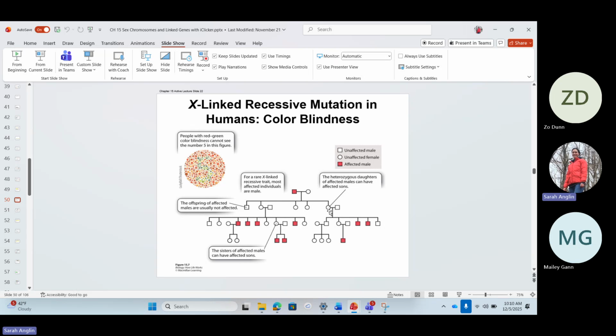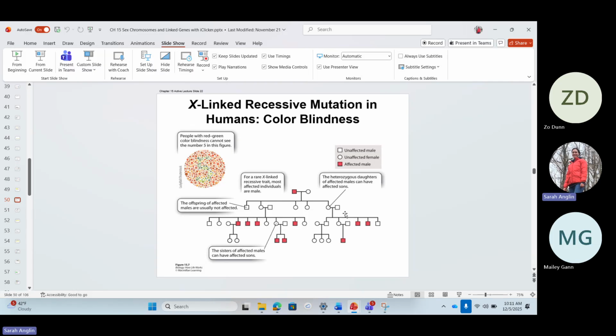Because she's a carrier, this egg donor is going to give the X with the mutant allele to her sons. And the sons don't have an extra X to protect them, right? All they have is an X with the mutant allele. So the sons are going to be colorblind in this situation.